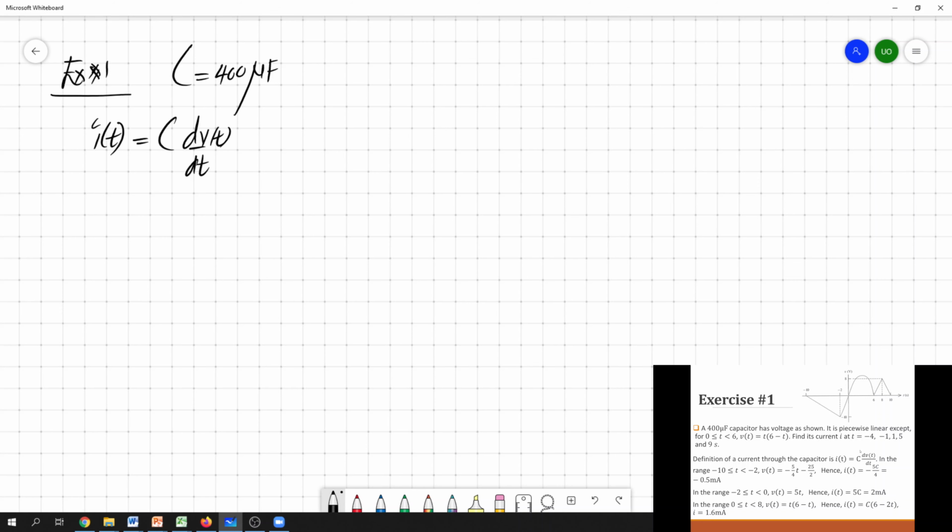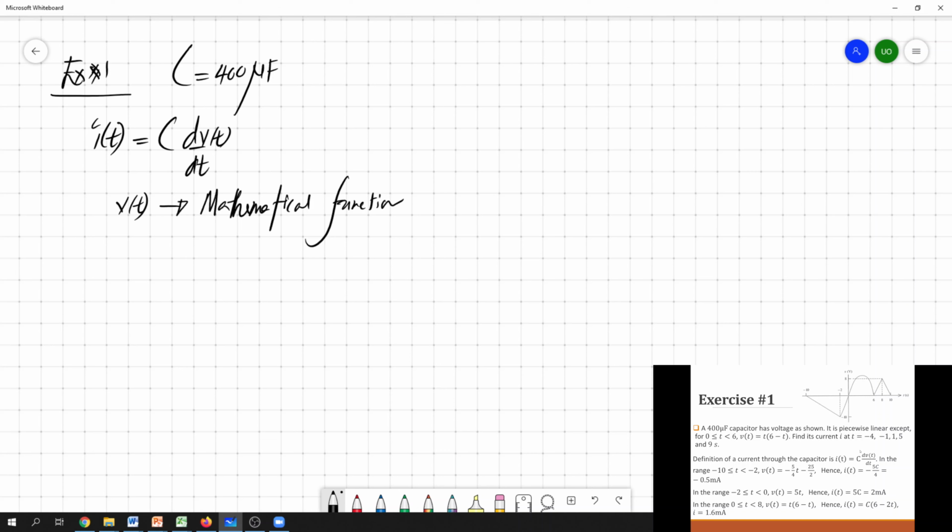To evaluate this derivative, V(t) should be described as a mathematical function.